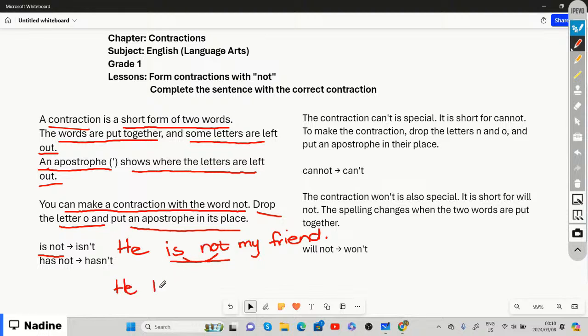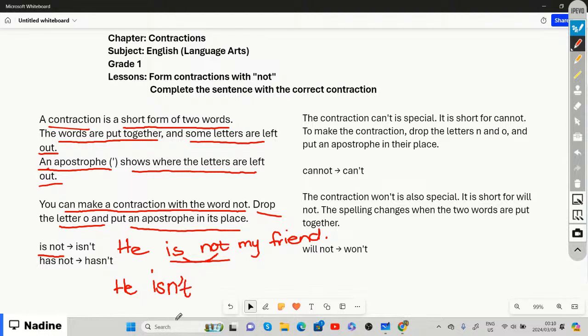We bring the word is down. We bring the N down. We see that the O falls away. We drop the O, and while we drop the O, we put the apostrophe in its place and we bring the T down.